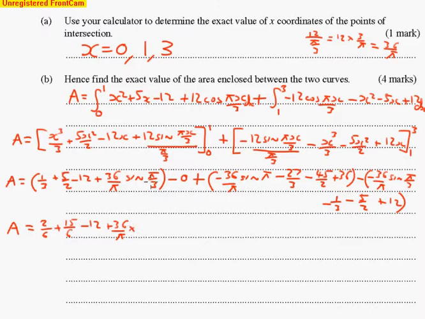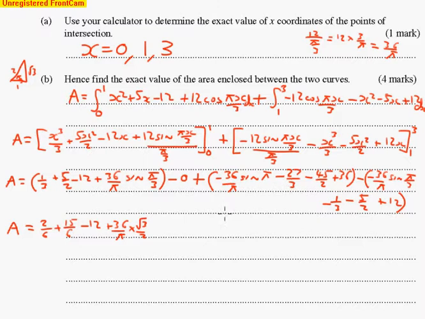Now sine of pi on 3, hopefully you can remember: a little triangle here, 2, 1, root 3, there's pi on 3, sine of that is root 3 on 2, minus the 0. Then we've got minus, oh well, this is going to be 0 because the sine of pi is 0, so that's minus 0 plus 0 for that bit.